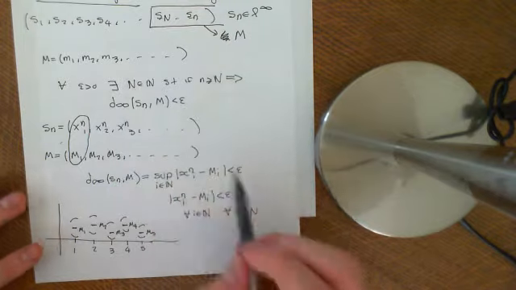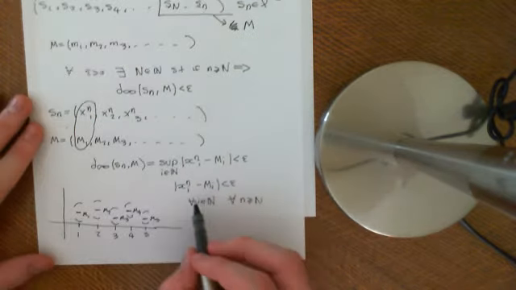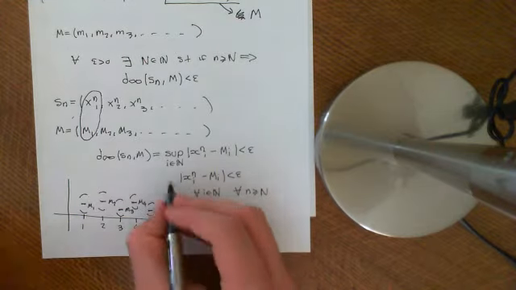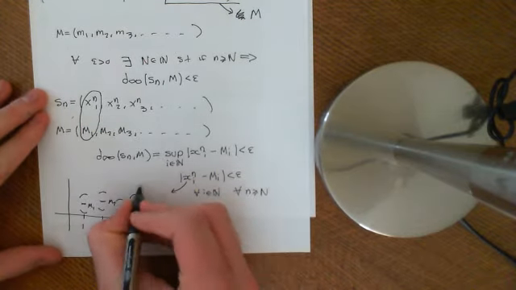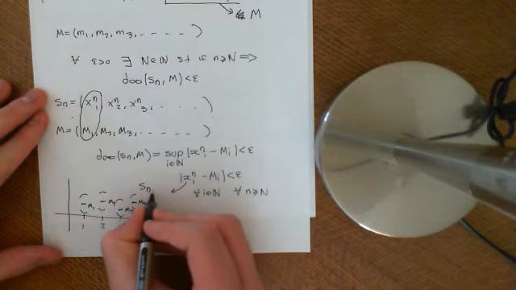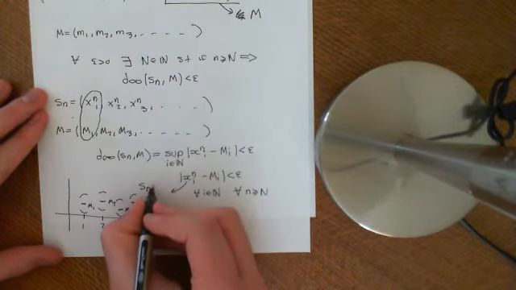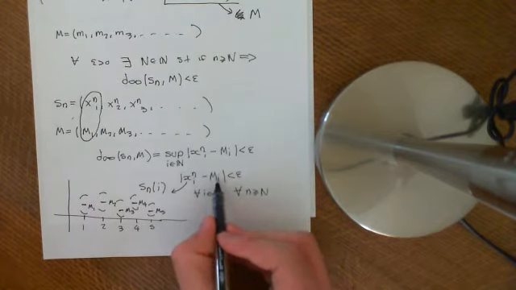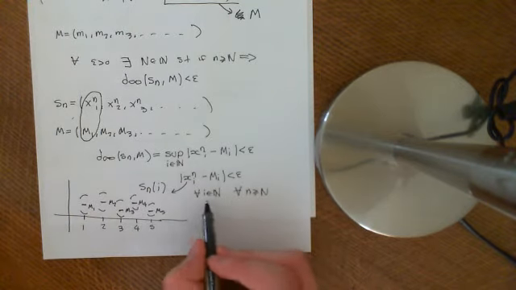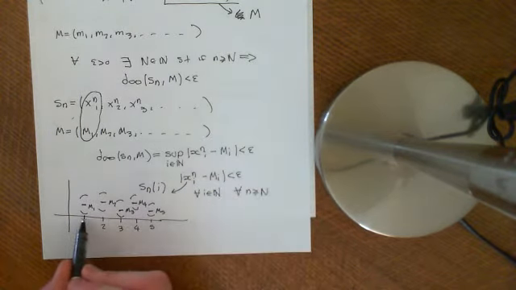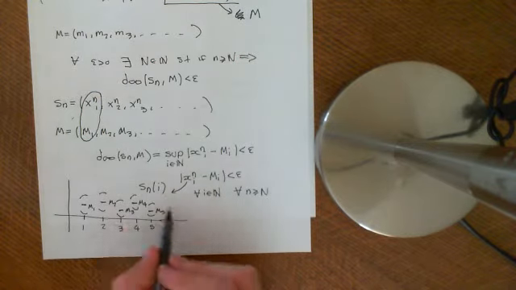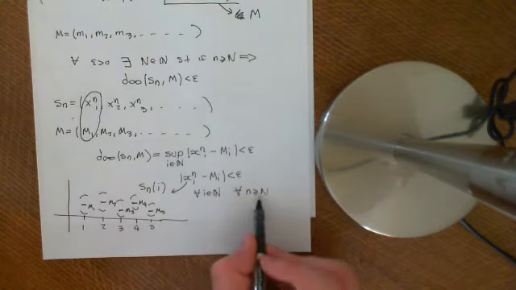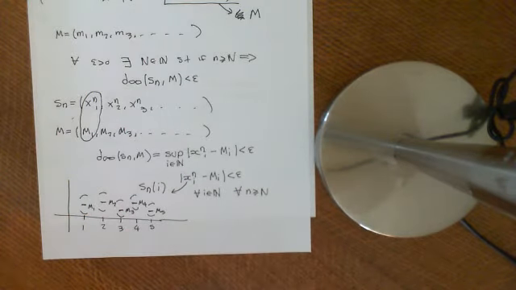Just use that big N, and if you go beyond that big N, then the distance of a term x_ni, which is basically what the nth sequence maps the natural number i onto, from m_i is less than epsilon, and that's true for all i an element of the natural numbers. So whatever natural number you plug into this function, it works, and for all sequences beyond big N, which is exactly what we wanted to prove.